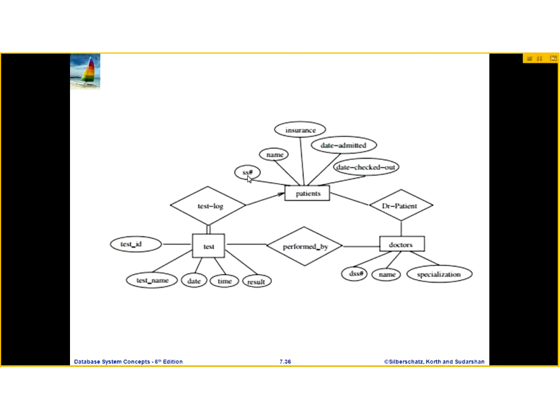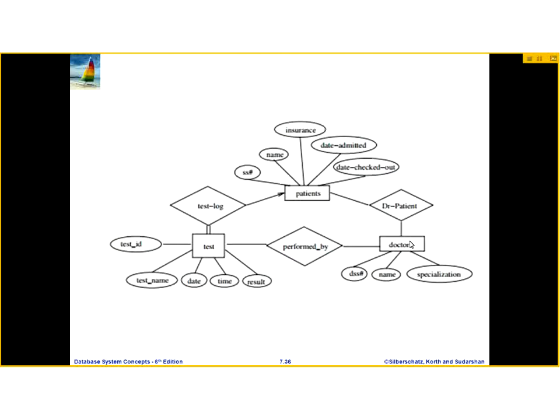So, patients has attributes: SS number, which can be the ID of patient, sometimes a social security number or something like that. You can call it patient ID. The name of patient, the insurance, if the patient has, date admitted, date checked out, these fields.